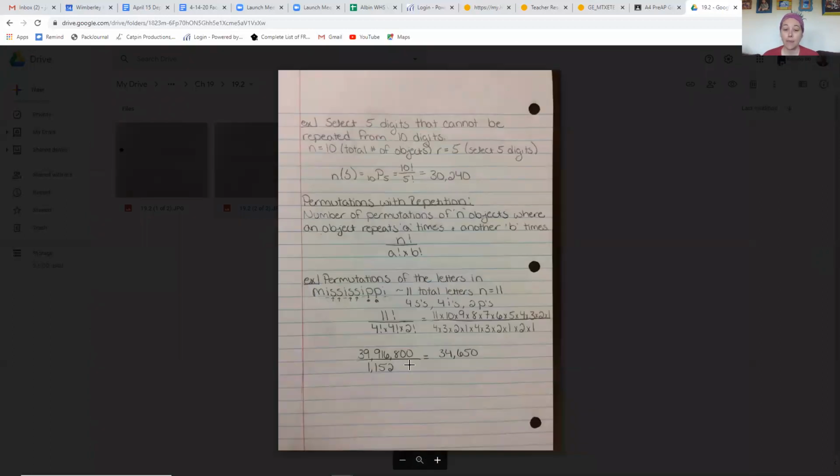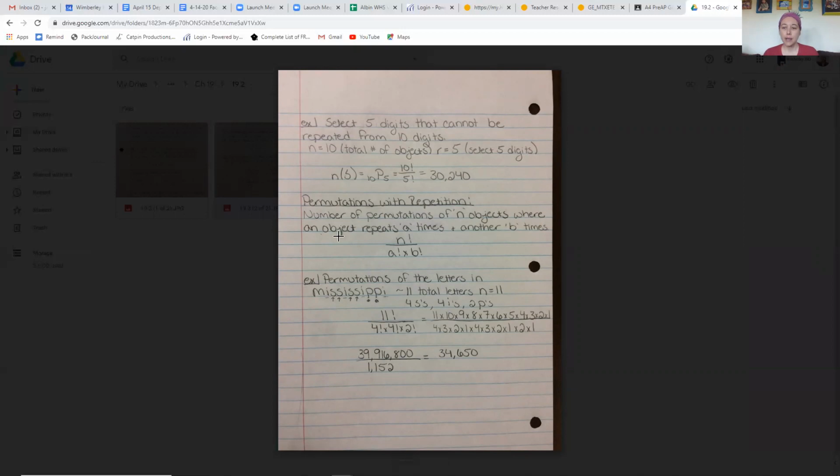So 11 factorial is 39,916,800 divided by 1,152. That total is 34,650. Takes a little practice to figure out what your n is, what your r is, what these different things are.